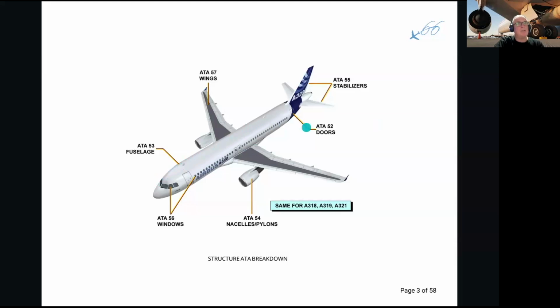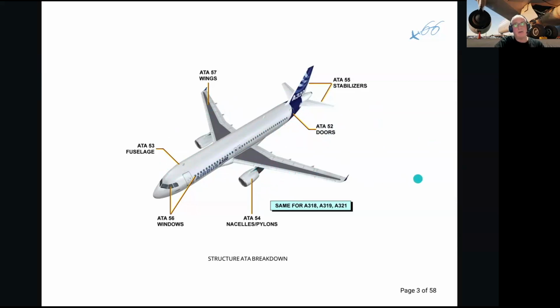And all these, except for 52, all the other chapters you'll find more in the SRM, the structural items, rather than the AMM, the aircraft maintenance manual.